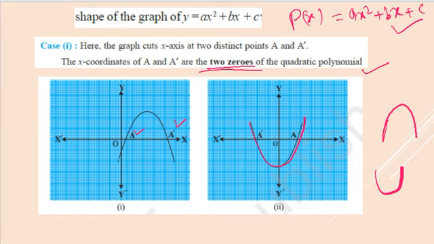Why is this shown here? To make you understand that if someone asks verbally what are the zeros of the quadratic polynomial, without any hesitation you can say two zeros. Now next slide you see again.